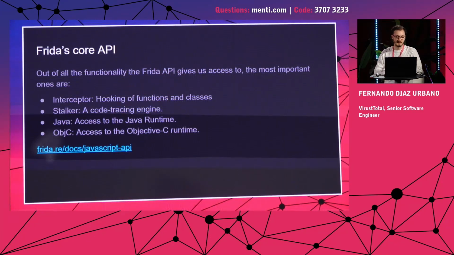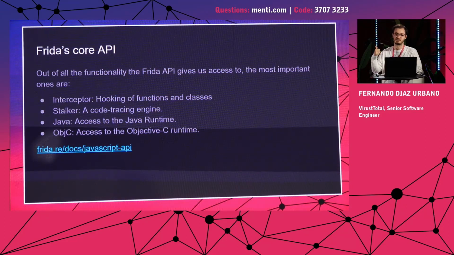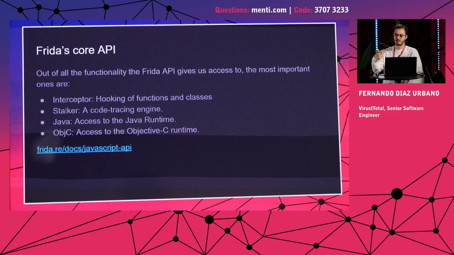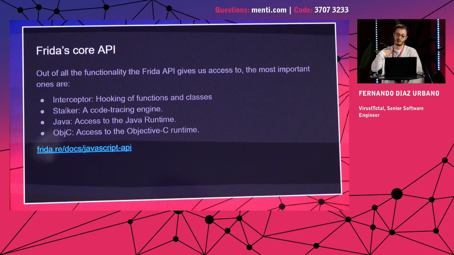Frida's core API is very extensive, but I'm going to only mention these four. You have the Interceptor API, which is used to hook functions. It's not only hooking functions, you can replace functions, and you can also create native functions, which is a way to invoke these functions on your own.